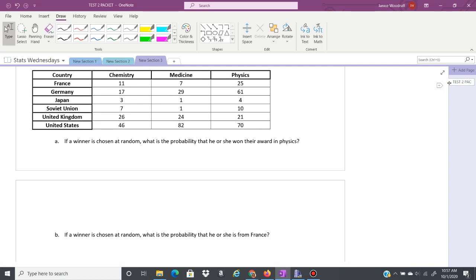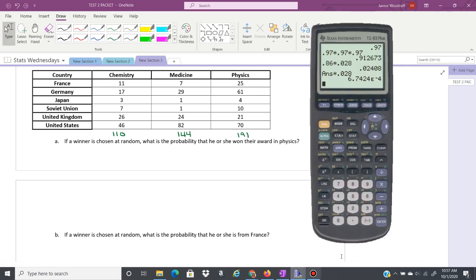So I have the tallies for us, but what we basically have here is chemistry, the total number of Nobel Prizes in chemistry. I think if we add this whole column, you're going to have 110. Medicine, you're going to have 144. Physics, 191. If we add all of these across, let me just check that real quick. 445.